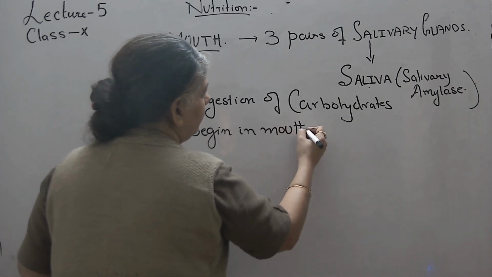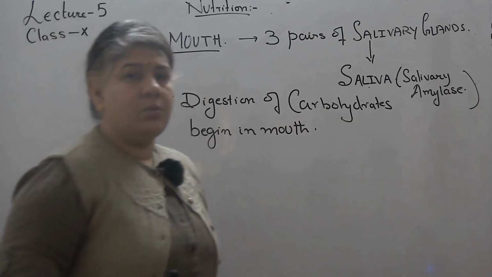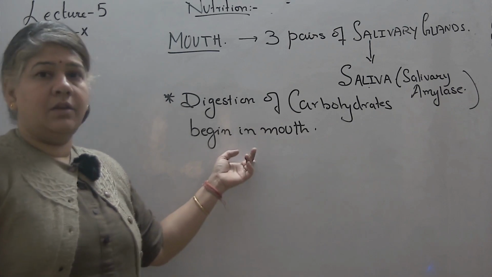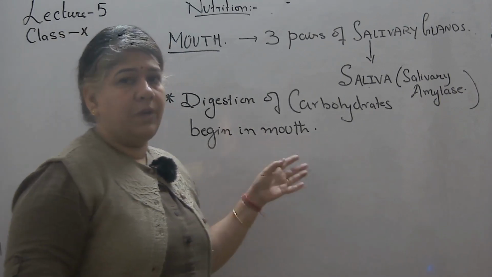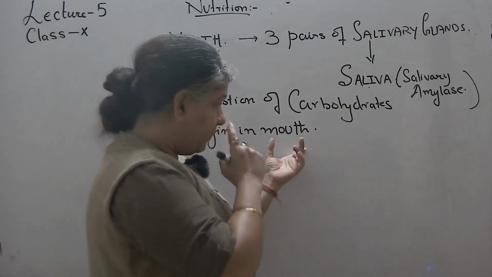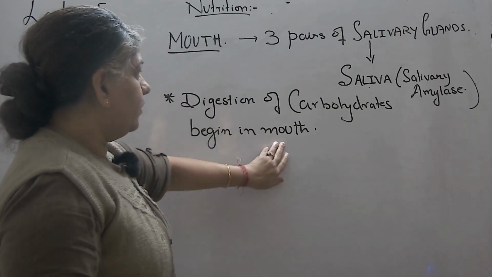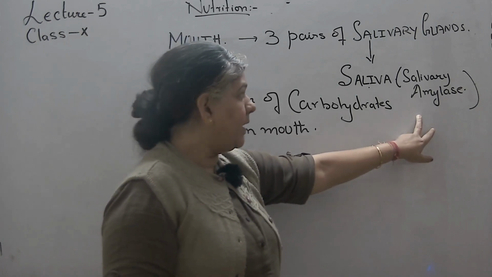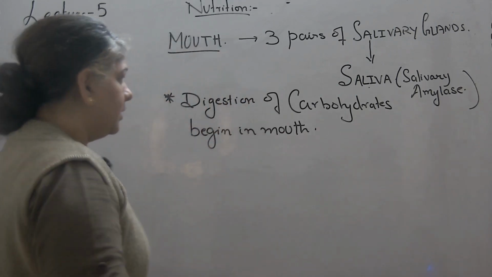This question is asked in MCQ or sometimes in assertion reason type question. This statement is given. The digestion of carbohydrates begin in mouth. It is due to presence of salivary amylase which acts on carbohydrate.